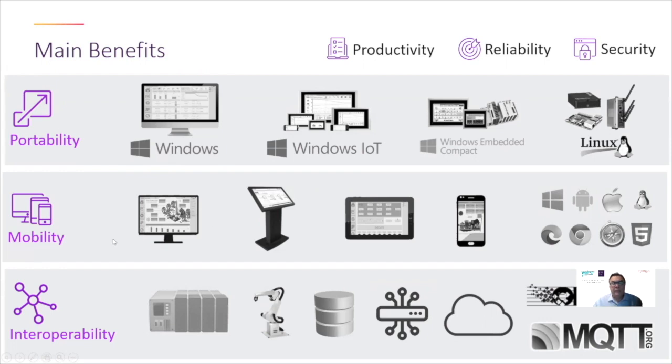The mobility part is being able to view and interact with the screens on remote devices, whether it's tablets or phones, as well as desktops, either at your location or geographically distributed, independent of where you're at.